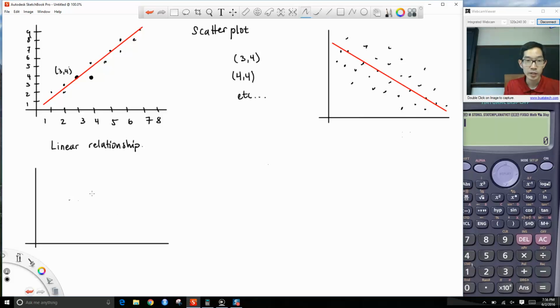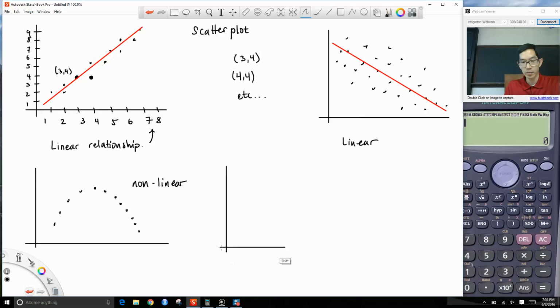So this would also be linear. But here's an example of something that's not linear. So we would just say nonlinear. Also nonlinear there.